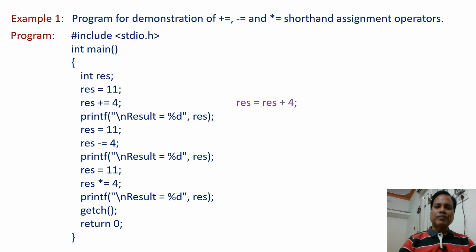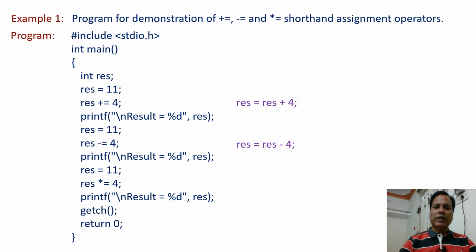Next, res = 11. Using this statement, the value of res was 15, but if we assign the value 11 again, the variable res is now equal to 11. The next one is res -= 4. This is the same as res = res - 4.